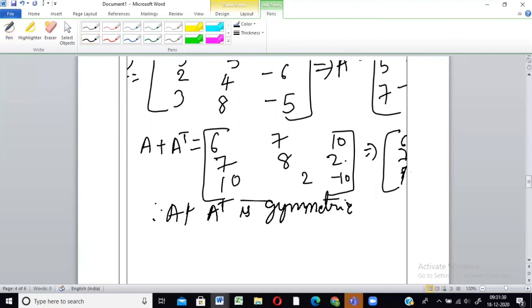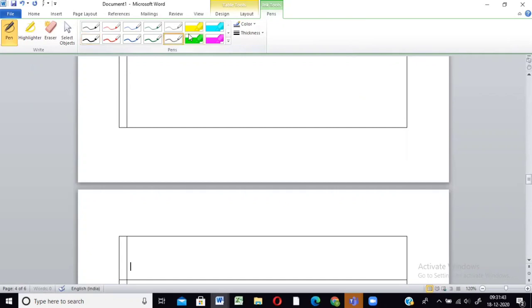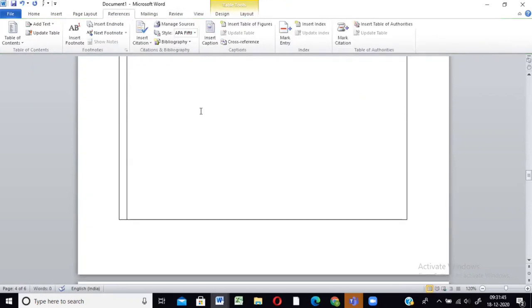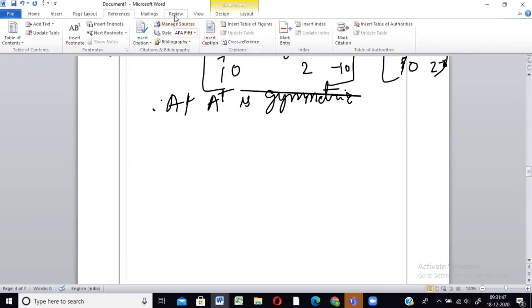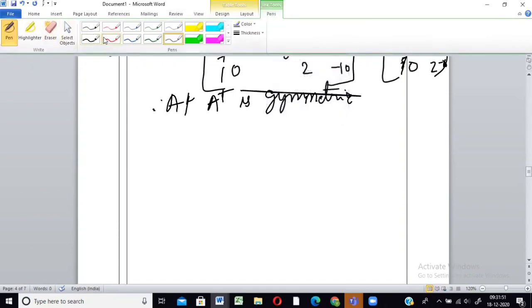Okay. Now the next one. The second one was A minus A transpose is skew symmetric, right? The next one was A minus A transpose is skew symmetric.